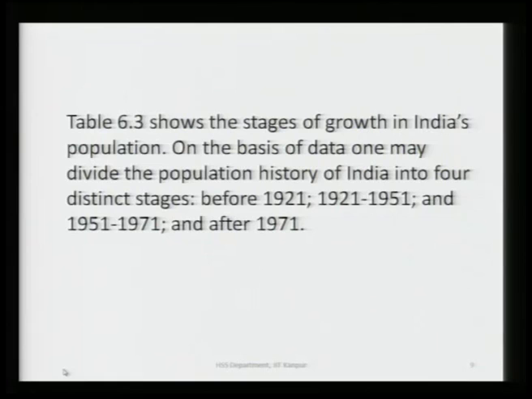Now the table also shows stages of growth in India's population. On the basis of data, one may divide the population history of India into 4 distinct stages. Before 1921, the population was almost stationary; it would sometimes increase, sometimes decrease. Then between 1921 to 51, India's population grew at a rate around 1% per year, slightly more.